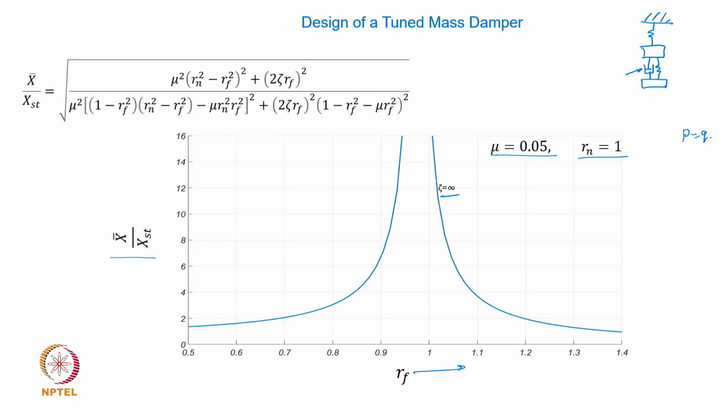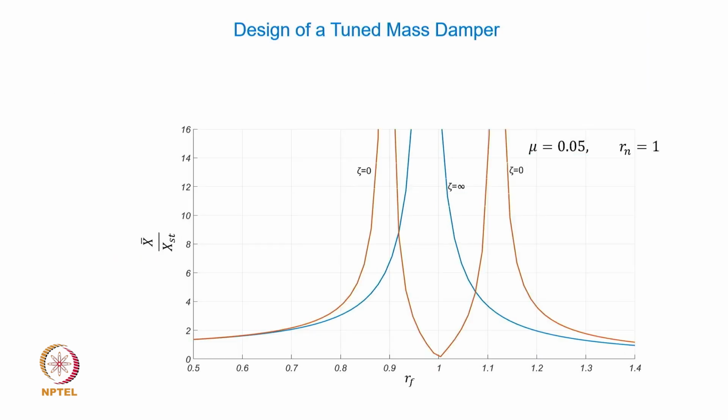Now, if I change it and take the other extreme value of the damping ratio, that is 0, you expect two different systems vibrating together, and so you expect two natural frequencies, and that's what you have, one resonance here and another resonance here, for a different RF value, instead of one for a damping ratio of infinity.